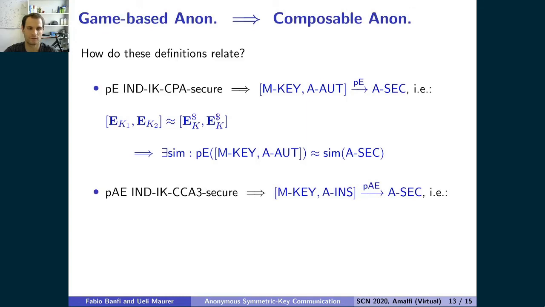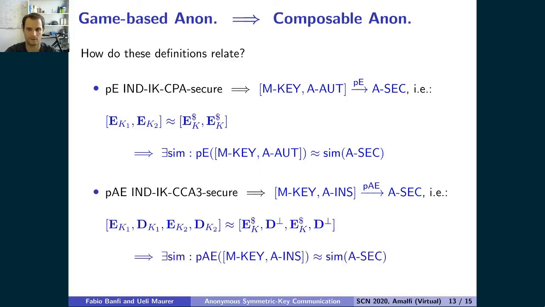And we also show that a PAE scheme which has indistinguishable ciphertext and indistinguishable keys allows the construction of a secure channel from an even weaker resource, namely the anonymous insecure channel and the multi-key resource, formally written as follows.